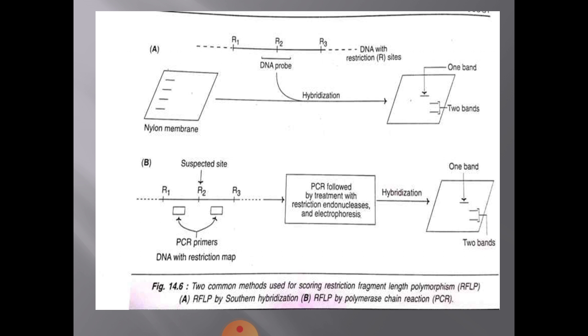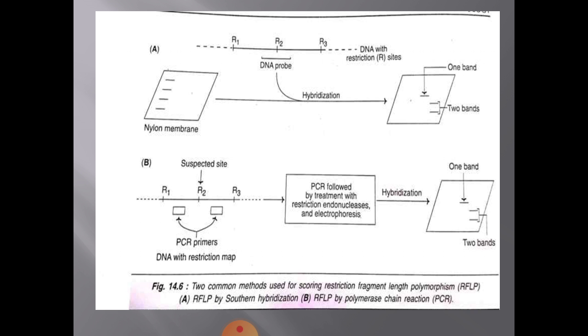Restriction endonuclease, and then you can see at the place of R2 you have put a probe, right? DNA probe, right? Then the cut DNA fragments have been transferred to nylon membrane, and the DNA probe for the suspected R2 site is added, and it will hybridize with the bands here.